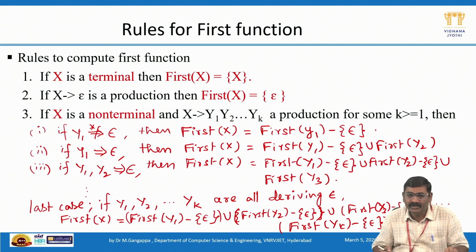When we replace epsilon for all those symbols, then finally we get the answer epsilon. Therefore we should add epsilon as well. This is the final rule.